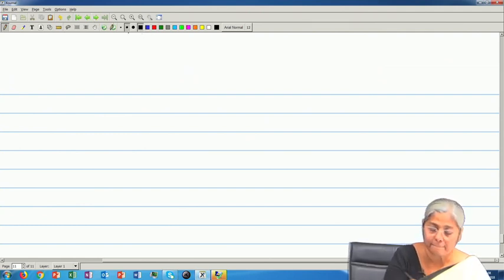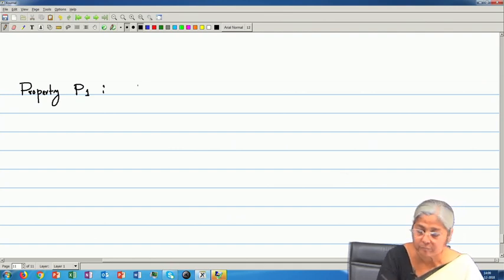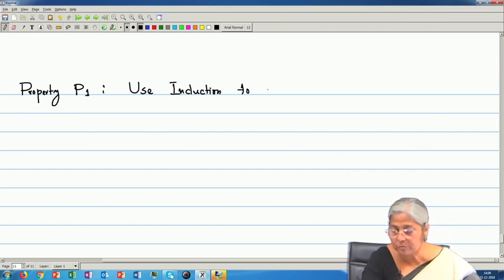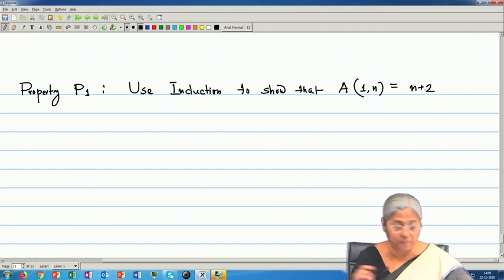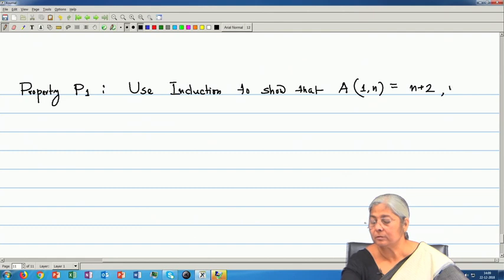We give a property P1: use induction to show that A(1, n) equal to n plus 2 for n equal to 0, 1, 2 like that.